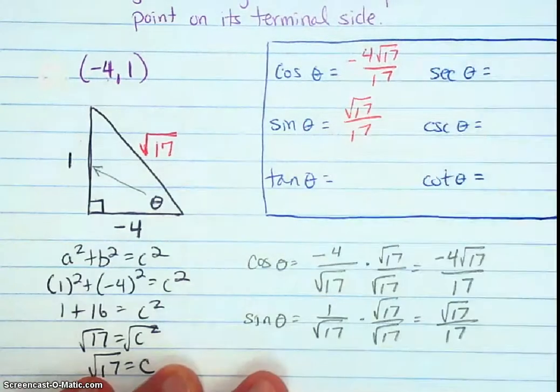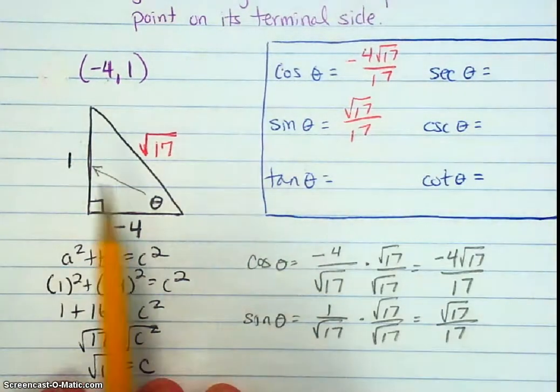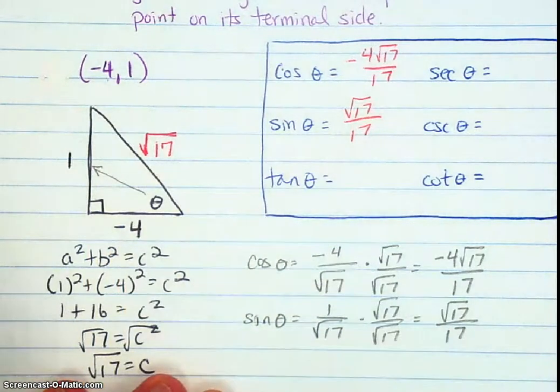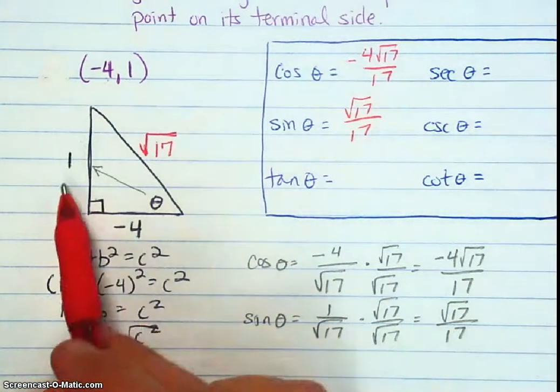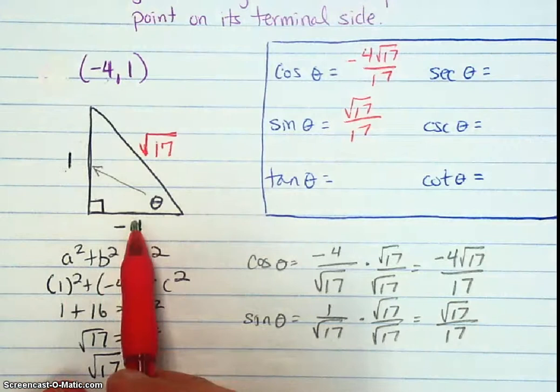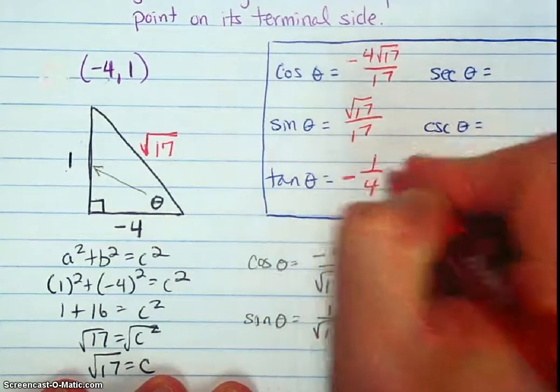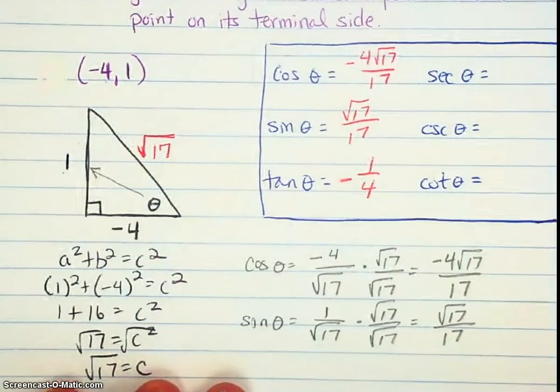And there is my sine. And then to do the tangent, we do opposite over adjacent. So in this case, I don't have any radicals to deal with. My opposite is 1, my adjacent is negative 4, so that is just negative 1/4. Or if you wrote 1 over negative 4, that's fine as well.